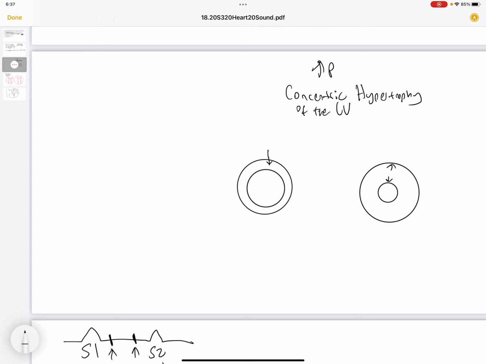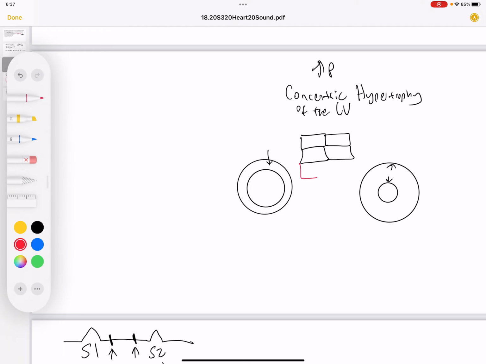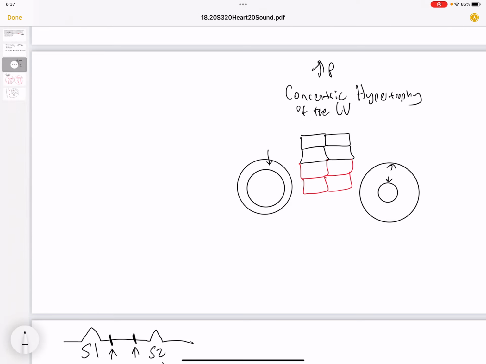The reason for this is due to parallel adding of sarcomeres. Here are sarcomeres. There's going to be addition of sarcomeres in parallel with concentric hypertrophy. Sarcomeres are the functional units that make up the striated muscles of the heart.